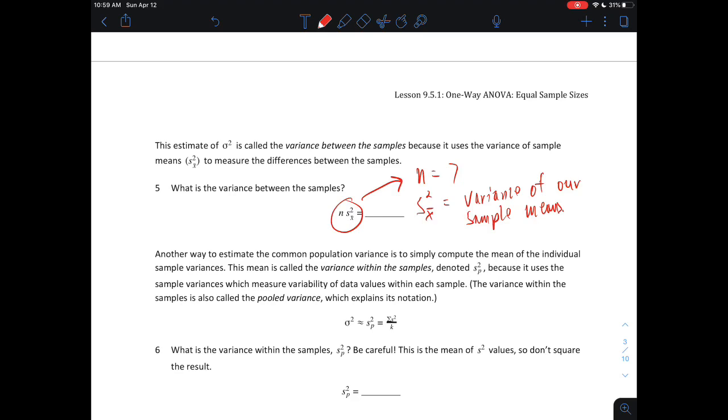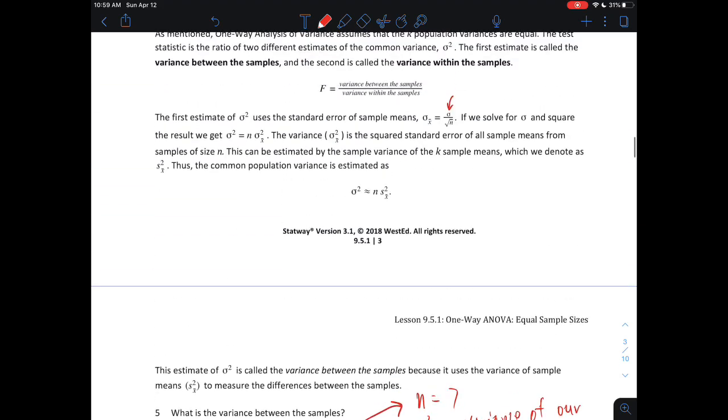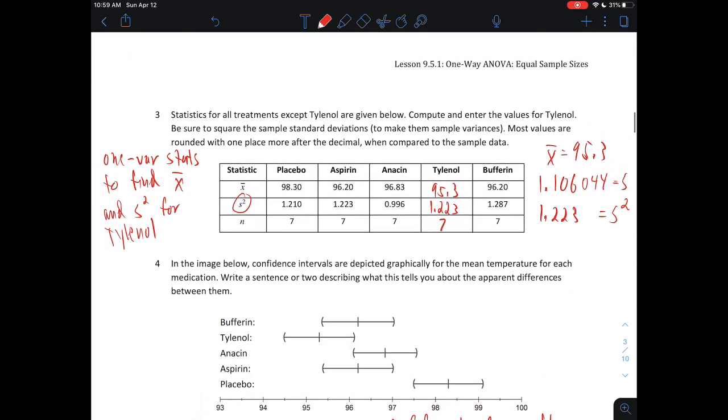So if you go back to the previous page, you'll notice in number 3 we had 5 different sample means. So we'd have to take those 5 sample means, put them into a list, and then find the standard deviation and square it. So let's actually do that.